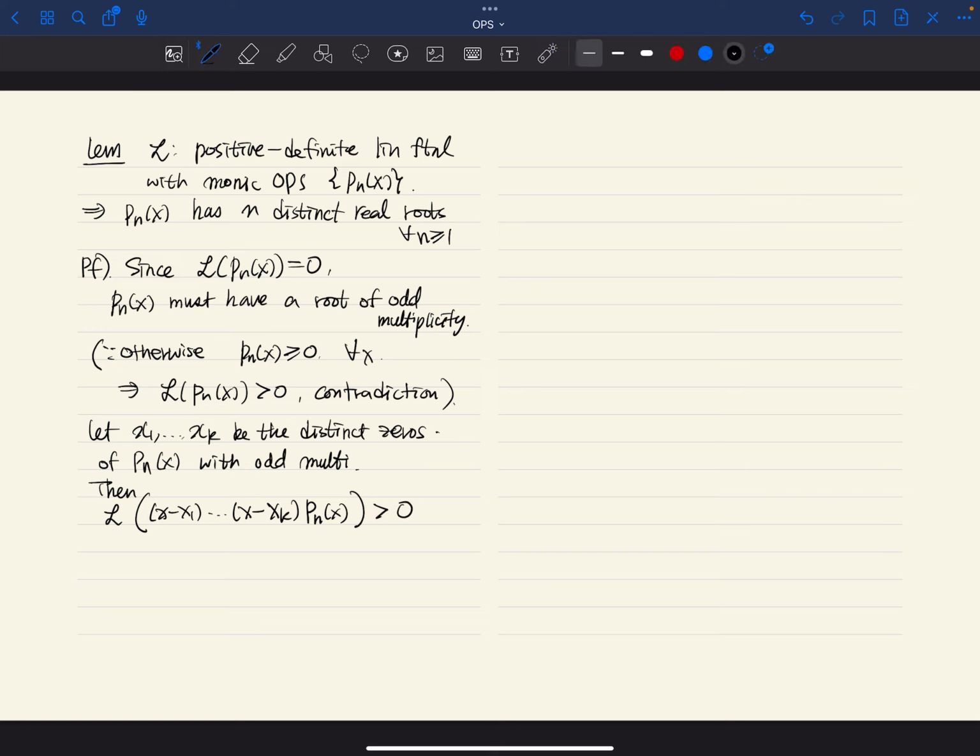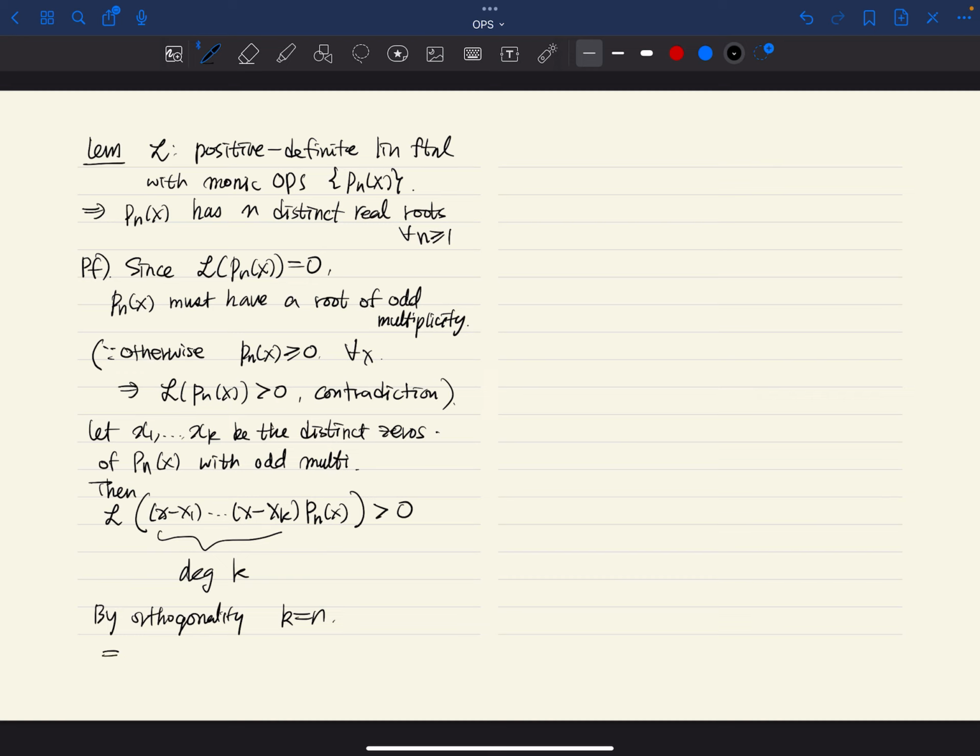But what is the degree of this? This is a polynomial of degree k, right? So whenever you have an orthogonal polynomial P_n, if you multiply by a polynomial of degree less than n, this must be 0. So by orthogonality, k must be n. Otherwise, this linear functional will be 0. But what does that mean?